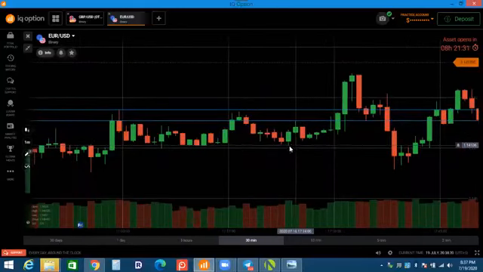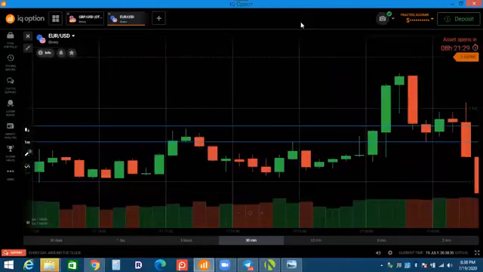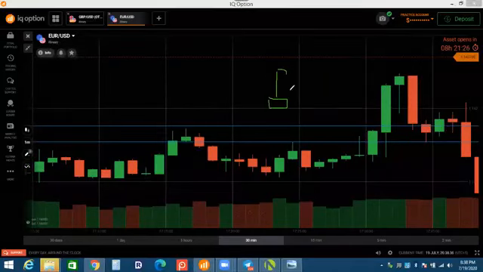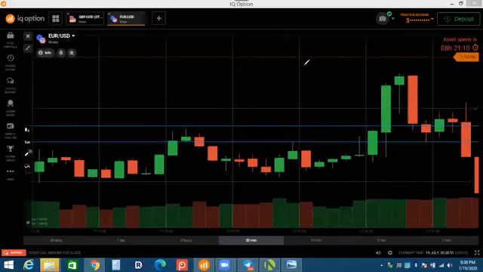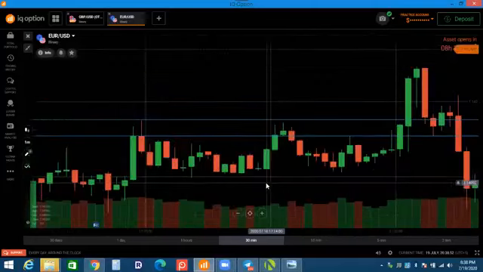And here, it's not inverted. An inverted hammer must have an upper wick 2 times longer than the body. A hammer must have a lower wick 2 times longer than the body. If the wick is equal to the body, it's a bullish candle, not an inverted hammer candle. Okay. So it's very important to analyze the true candle.